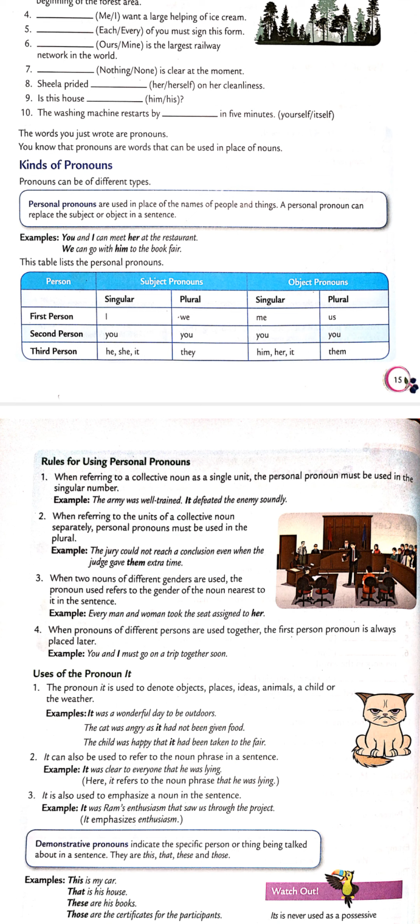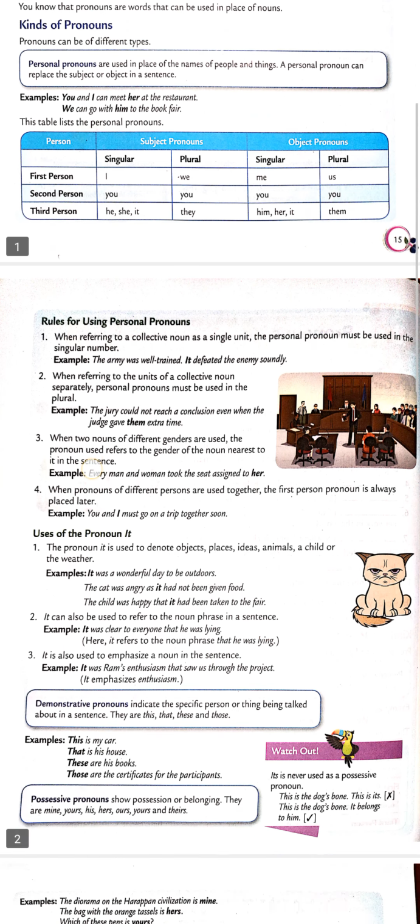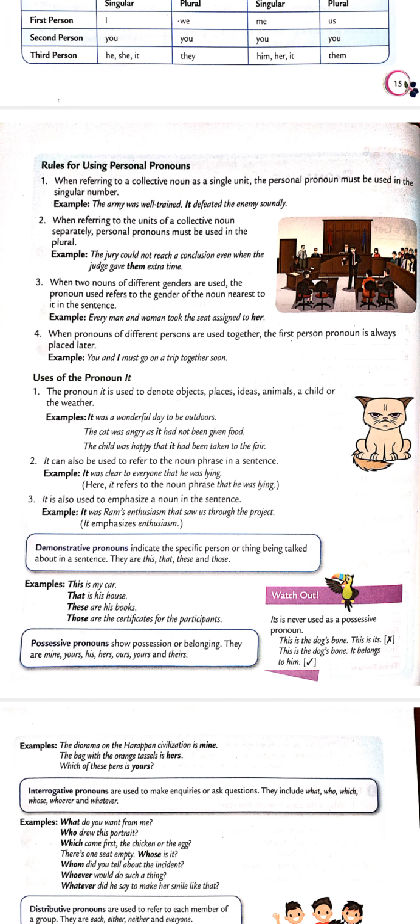Now students, we have to learn the second type of pronoun, that is known as demonstrative pronouns. Demonstrative pronouns indicate the specific person or thing being talked about in a sentence. They are this, that, these and those. Like, this is my car, that is his house.